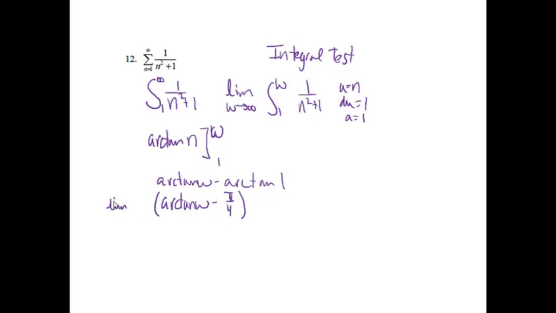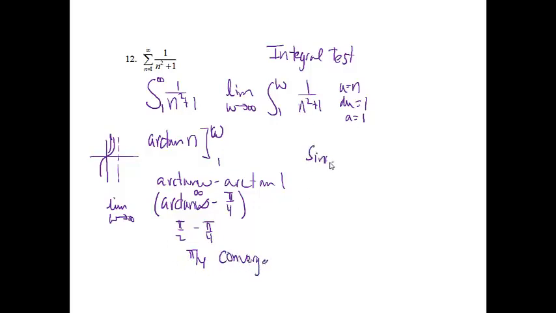So now I'm going to find the limit as w approaches infinity. If I let this approach infinity, arctan of infinity, that means where does the tangent approach infinity? And I know the tangent approaches infinity at pi over 2. So this is going to be pi over 2 minus pi over 4, which equals pi over 4. And since I did get a finite limit, this is going to converge.